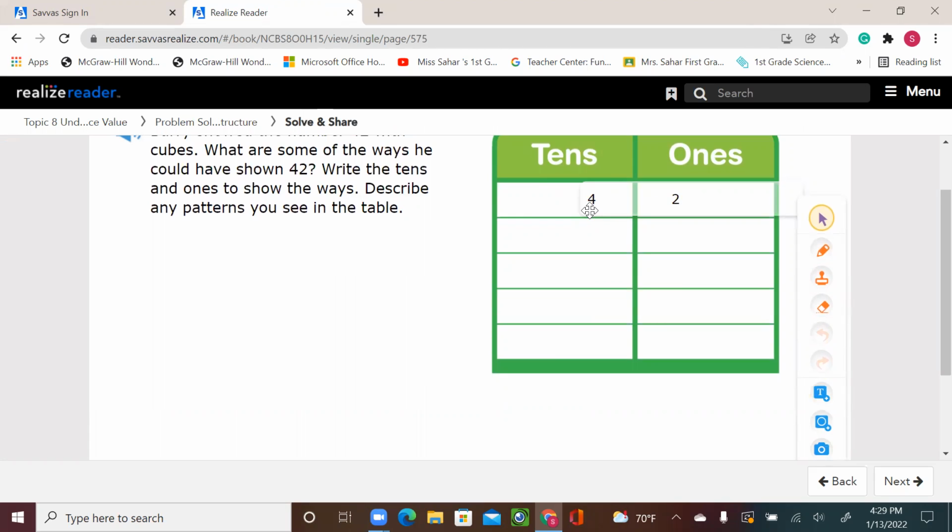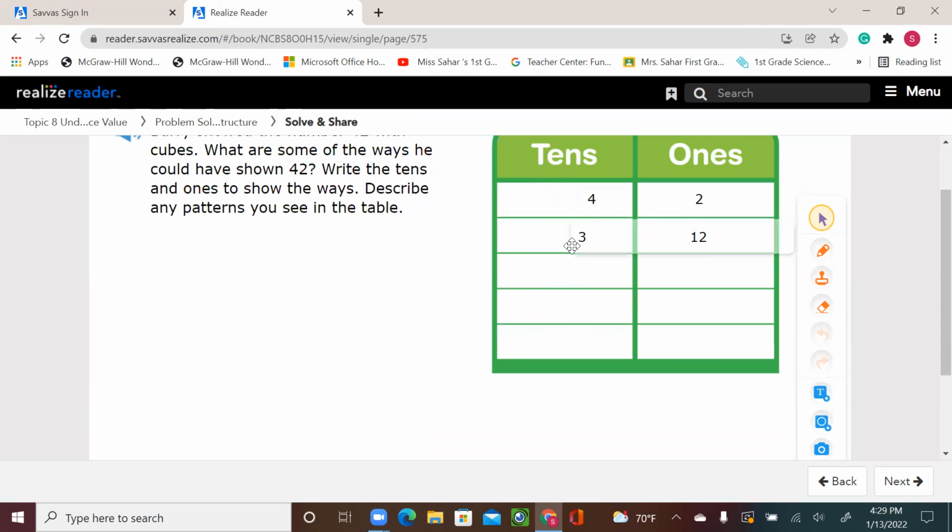Now I'm going to take 1 ten from the 4 and move it to the ones. So now my tens will be 1 less. So it's going to be 3 tens, and my ones will be 10 more. So I have 10 plus 2 equals 12. All right.